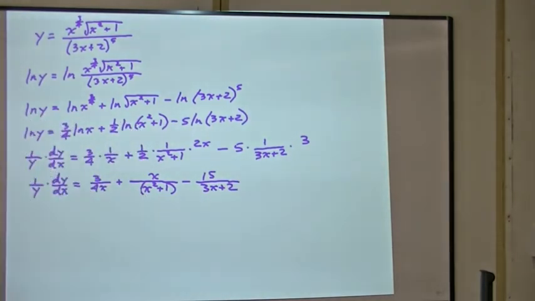Now, the only thing we have left to do is multiply both sides by y. What's y? Well, in terms of x, it's this big mess up here.